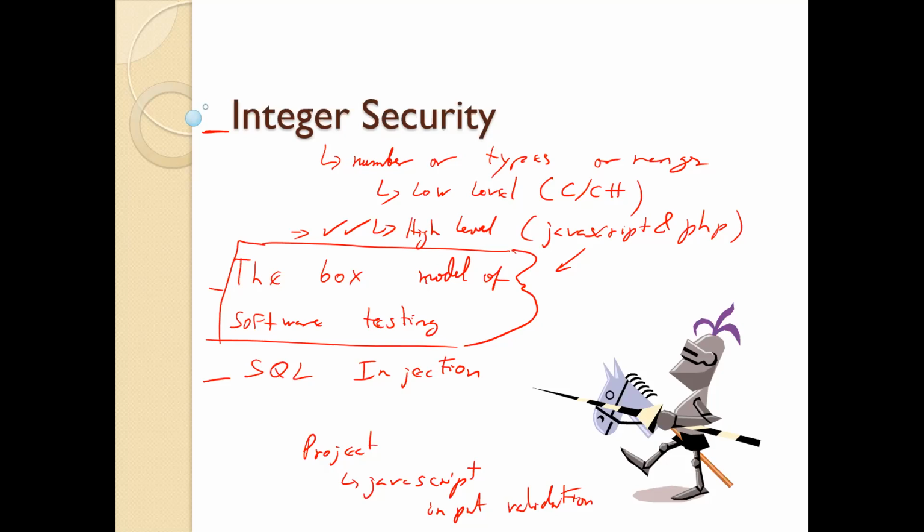Now, when you talk about integer security for a low-level language like C or C++, that has a little bit more of an implication. In C and C++, low-level languages, the unexpected behavior with integer numbers, or with numbering in general, can have more serious problems.